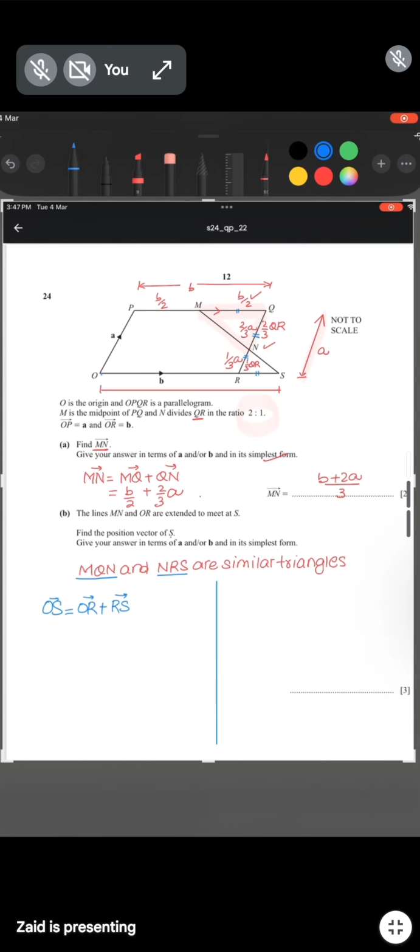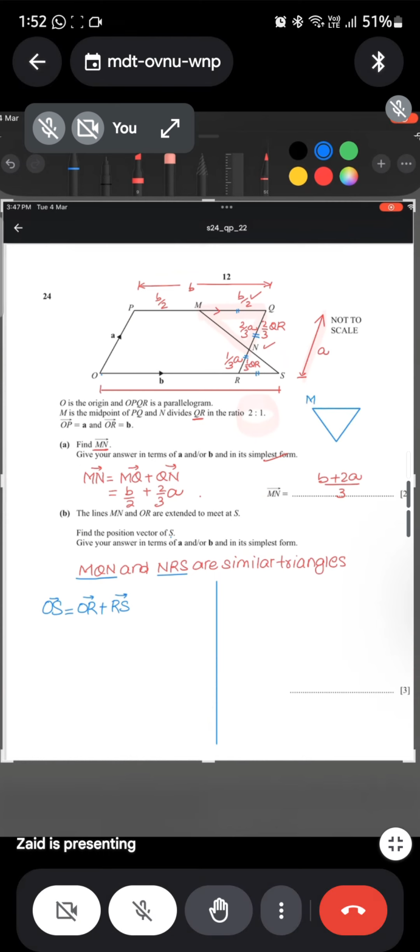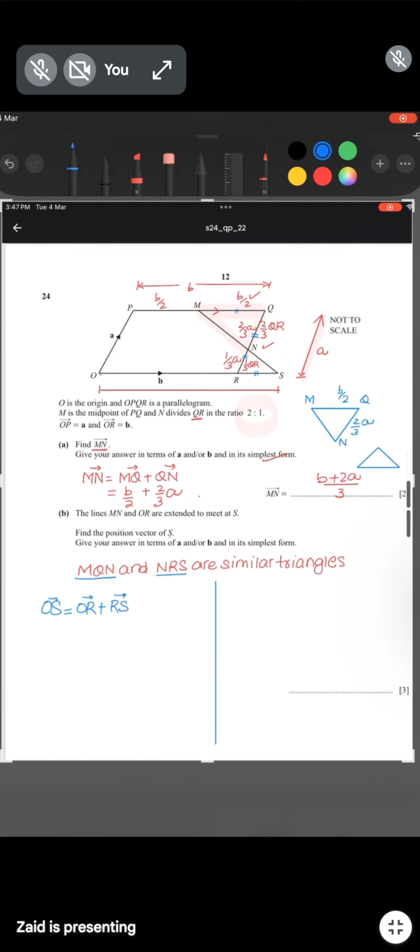So now considering the two triangles, there is a triangle MQN like this. This is b upon 2, and this is 2 upon 3 a. And this is NRS, and this one is 1 over 3 a, and that one is to be found.